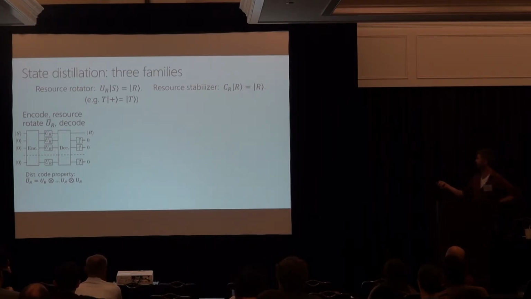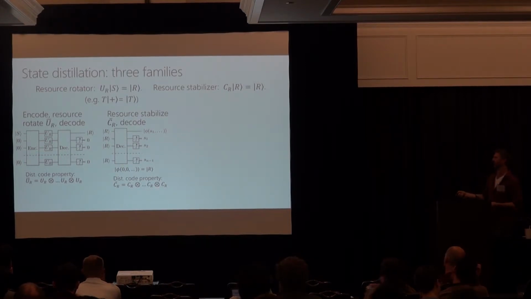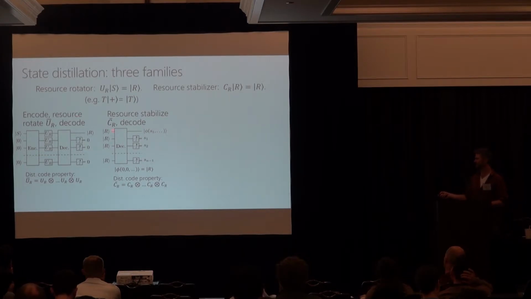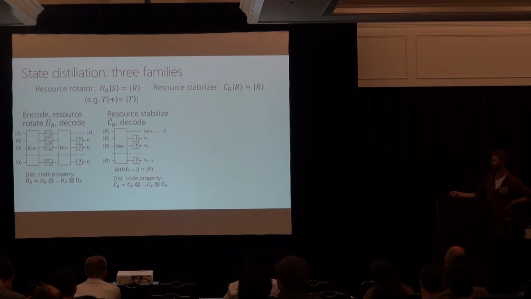I also want to introduce a Clifford, well, ought to be Clifford, resource stabilizer, which acts on the resource state and gives you back the same resource state. And so one approach is the one we already talked about. Another approach is you could imagine just starting all of your qubits in the resource state, and then the distillation code, if it has the resource stabilizer as a transverse gate, then that initial state is an eigenstate of this operator.